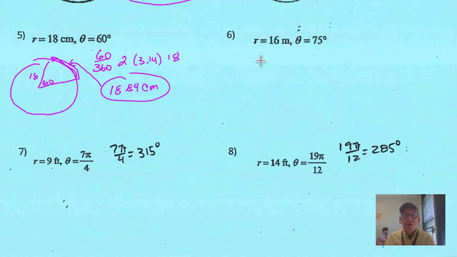Okay, let's look at number 6. We got a 75-degree angle, so 75 over 360 times the circumference, which is 2 times 3.14 times 16, which is the radius, and let's see what we get.